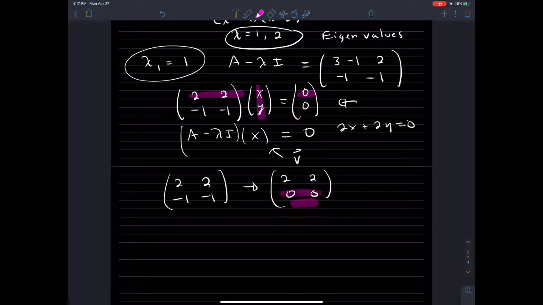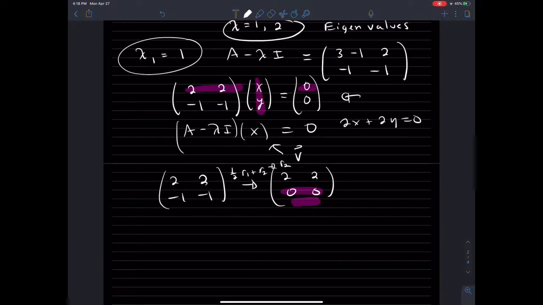I can see they're just multiples of each other, right? 2, 2, and minus 1, minus 1. I can row reduce it by taking a half of row 1, adding it to row 2, and changing that into row 2. If they're multiple rows, it's going to go to 0.